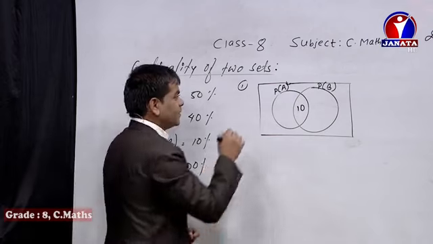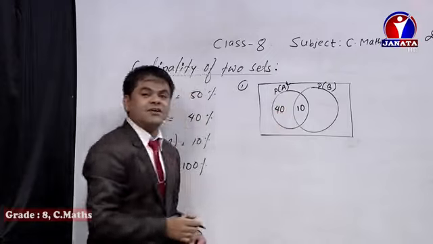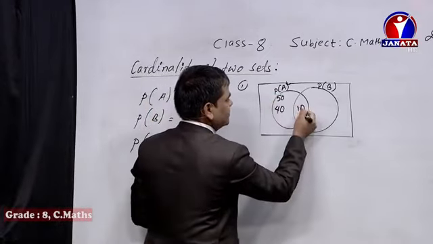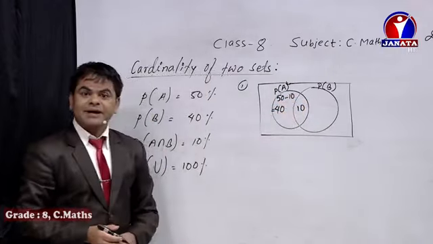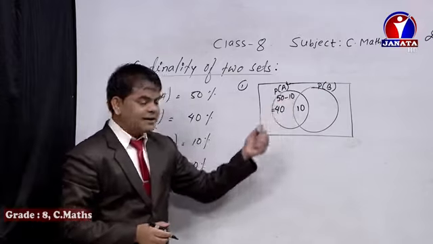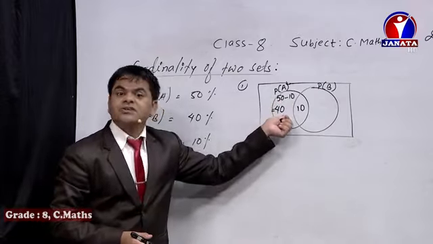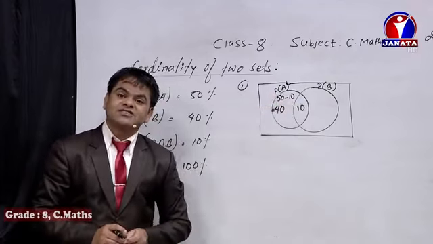Of course, there must be 40. But you can write how this 40 is arrived at. Okay, 50 minus the intersected value equals 40. You can do it this way as well. Okay, but if you know very well, then you can write just 40 directly rather than subtracting the intersected value.